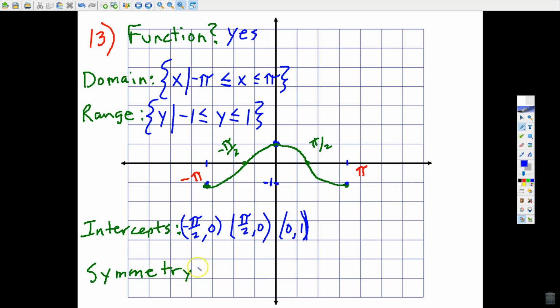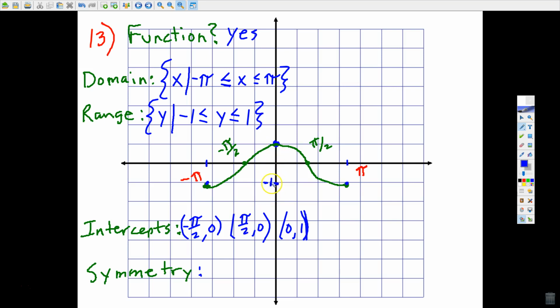Okay, and then finally, do we have symmetry with respect to the x-axis, y-axis, or the origin? Well, if we have x-axis symmetry, then we should be able to fold on the x-axis, and the parts on either side of the x-axis should create the same shape on either side.